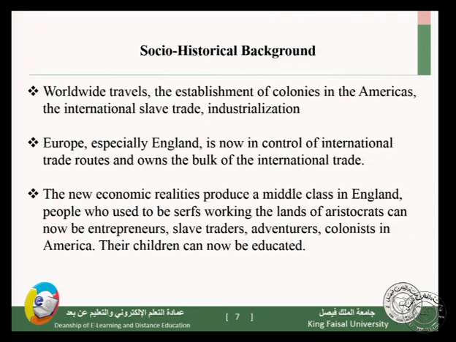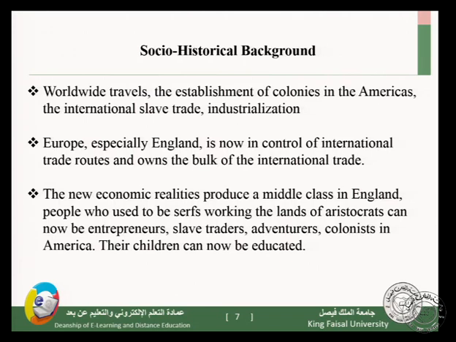There is now a class of people. Their parents used to be serfs, but they made some money. They didn't have to stay as serfs like their parents. They traveled to America or invested in cotton or invested in slavery or tobacco or in factories and made some money and have become a middle class.